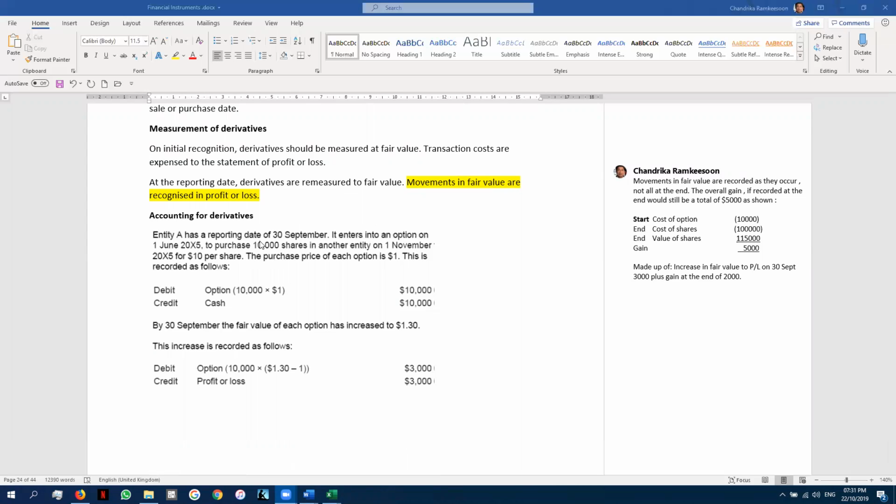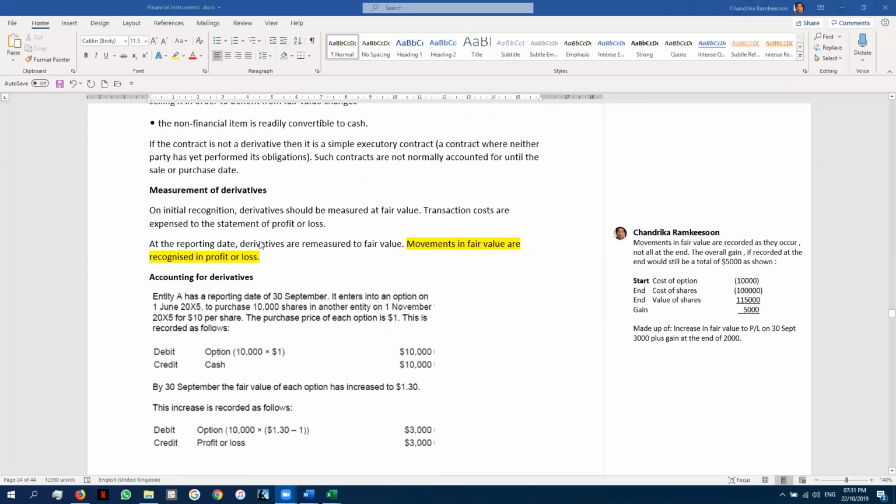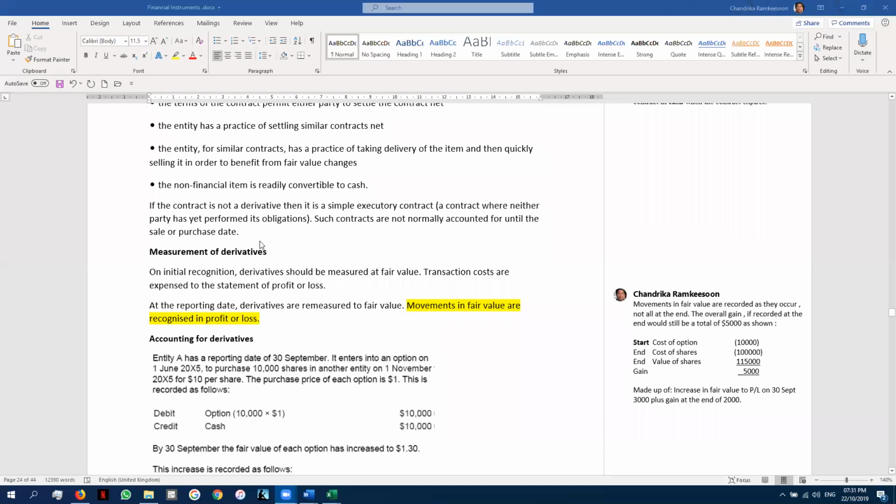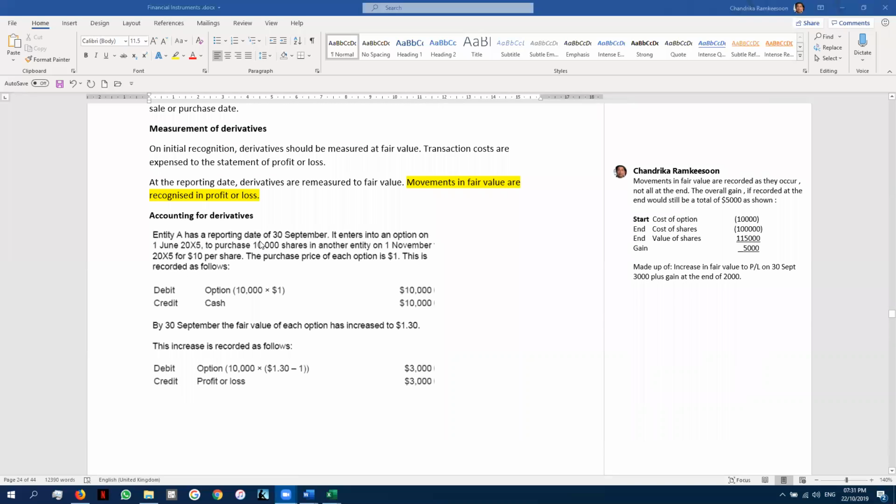Example: accounting for derivatives. Entity A has a reporting date of 30th September. It enters into an option on 1st June X5, to purchase 10,000 shares in another entity on 1st November X5, at $10 a share.